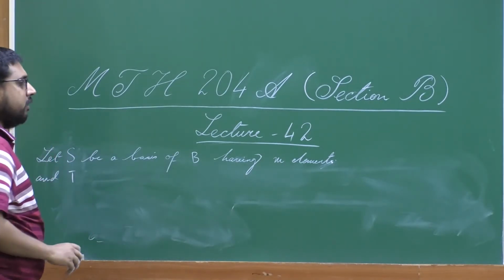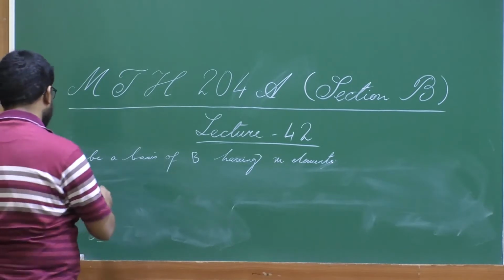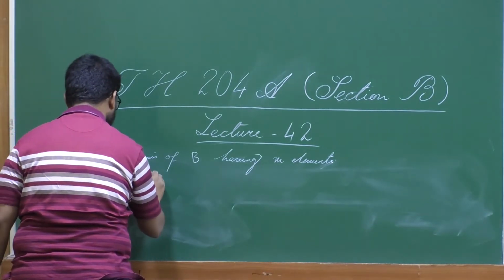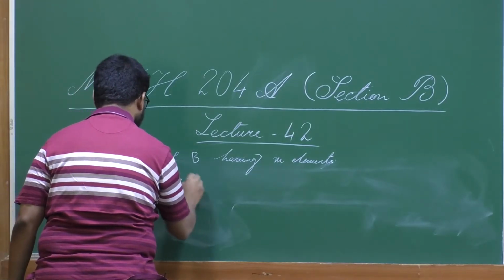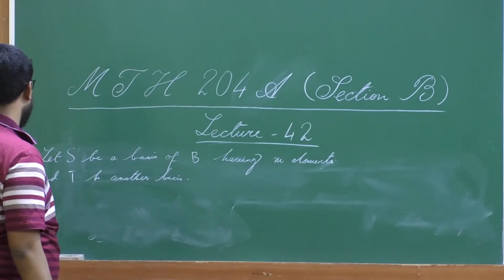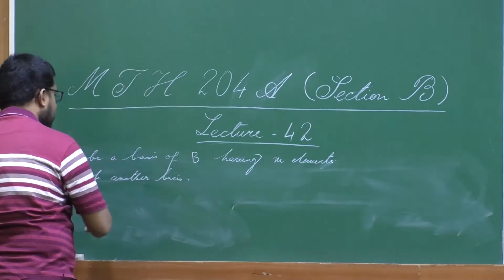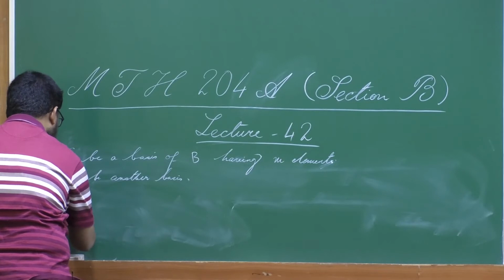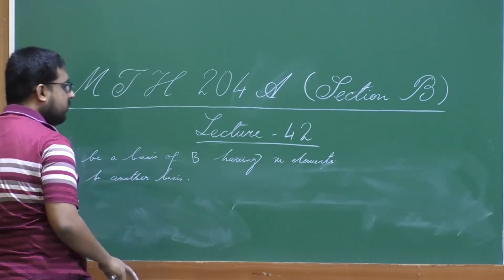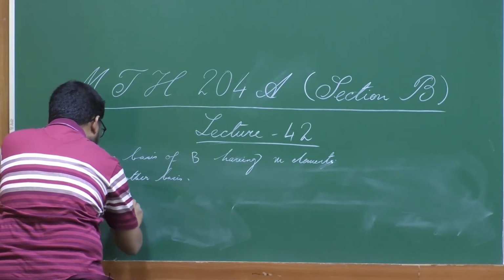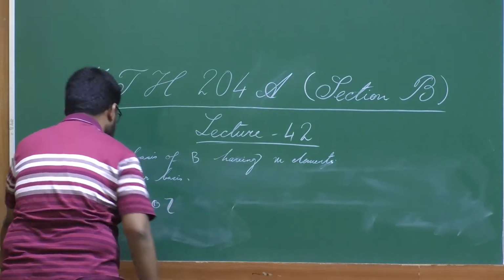Right now I am not saying whether T is finite or infinite, T be another basis. Okay. Now try to observe that since B has a basis of exactly m elements, B has to be isomorphic to the direct sum of m copies of Z.